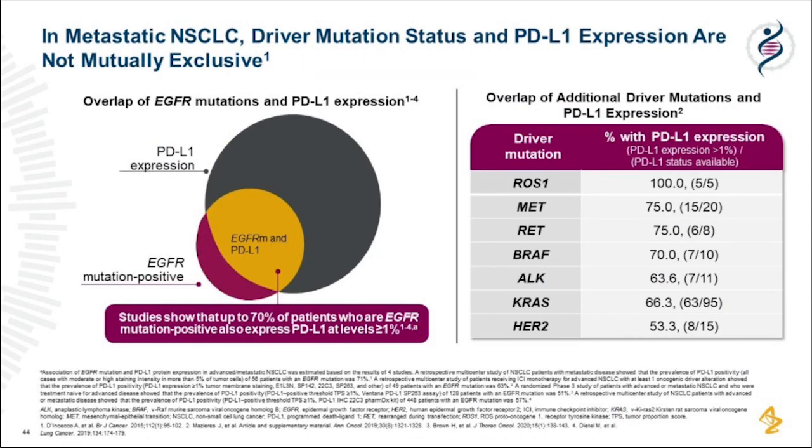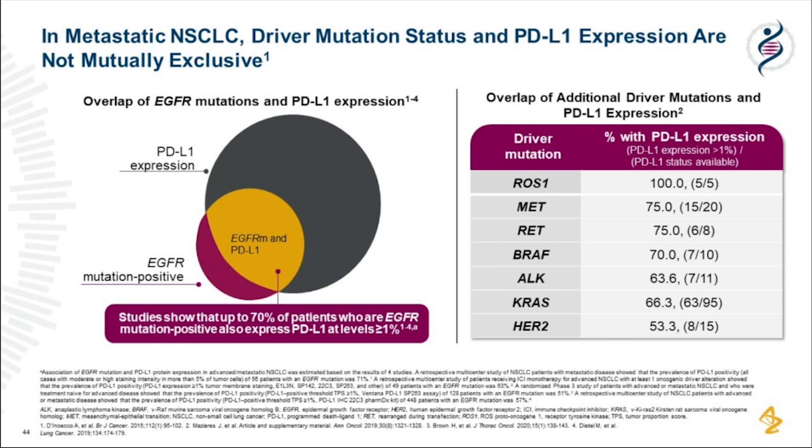In looking at the PD-L1 expression and also with actual biomarkers, we see that there's overlap for the EGFR mutation positive. There's about an 80% overlap with also showing PD-L1 expression. So that's why it's important to wait for all of the driver mutation results to come back.